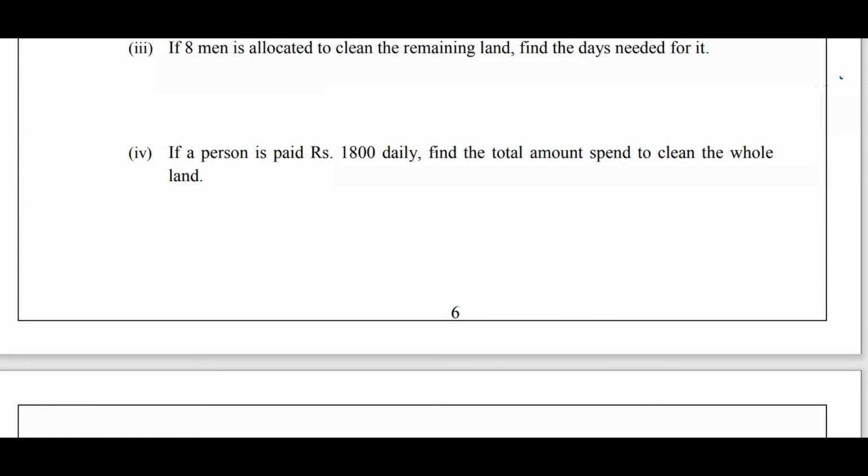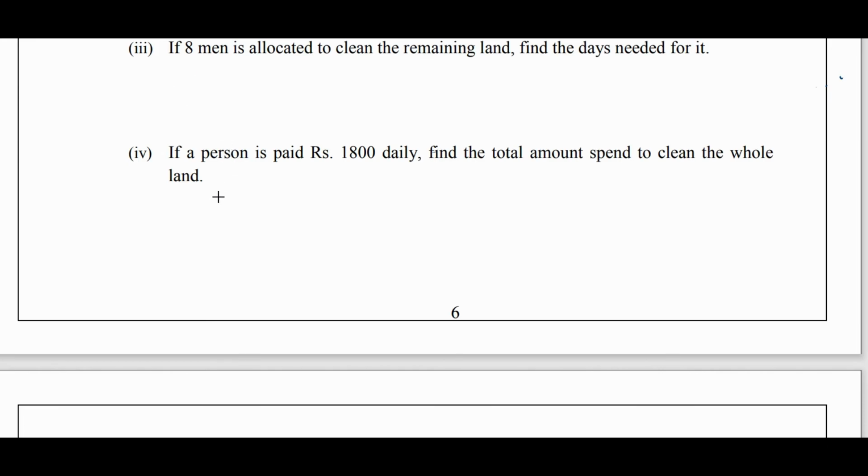Fourth part, if a person is paid rupees 1800 daily, find the total amount spent to clean the whole land. This part can be done in 2 stages, because the first part is 9 men working 4 days and the second part is 8 men working 3 days. Therefore, we have to count the cost separately.